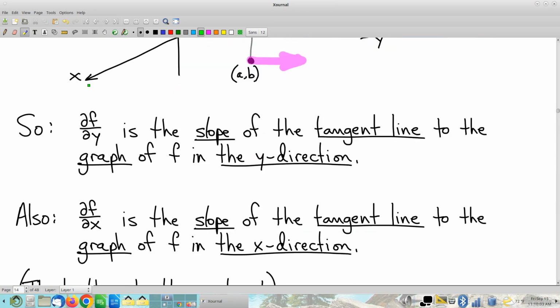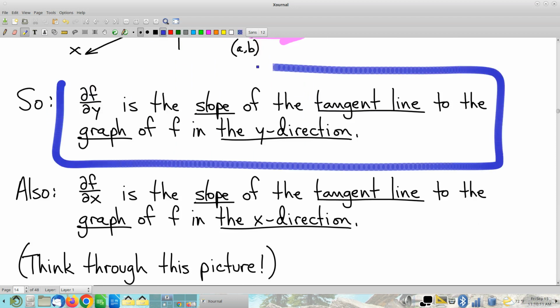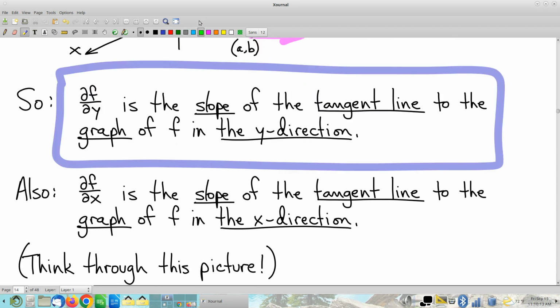So, nice simple punchline. Let me put a big box around this. If you want to take a partial derivative with respect to y, it's the slope of the tangent line to the graph in the y direction.